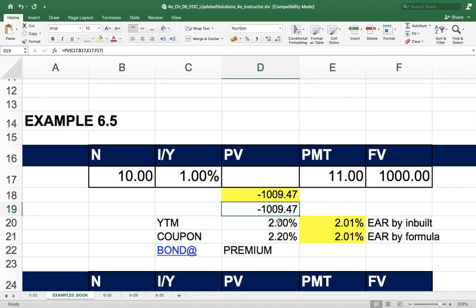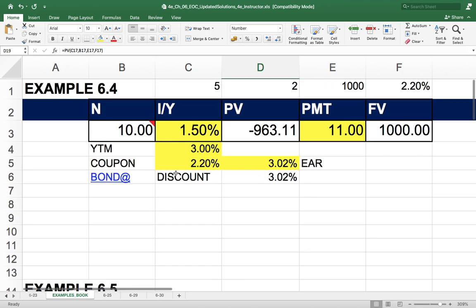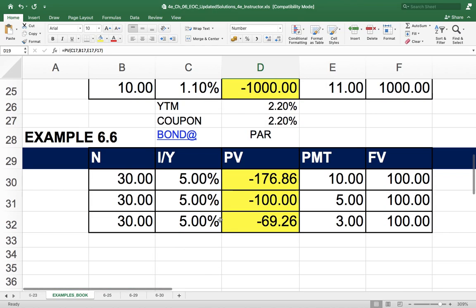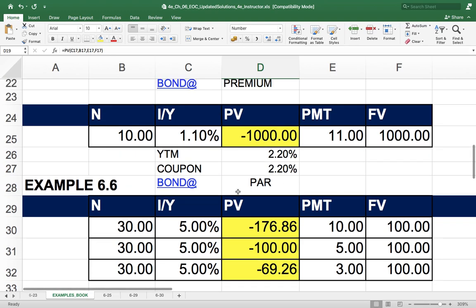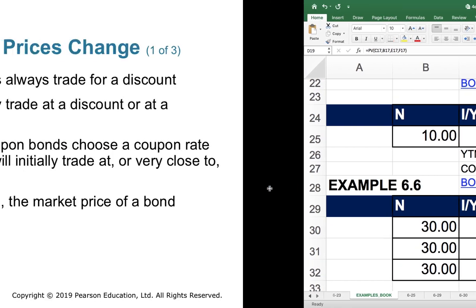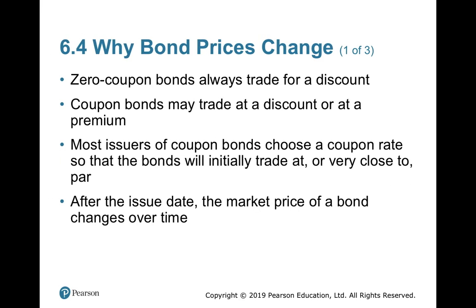For example, YTM 2%, coupon 2.2%, then the bond will be at premium. If YTM is more than the coupon, 3% YTM, 2.2% coupon, then it will be a discount bond. And if YTM is equal to the coupon, 2.2, 2.2, then it will trade at par. So coupon bonds may be traded at discount, premium or par.